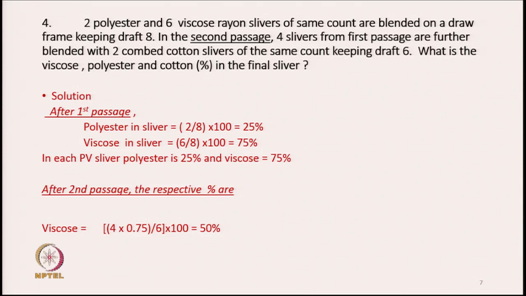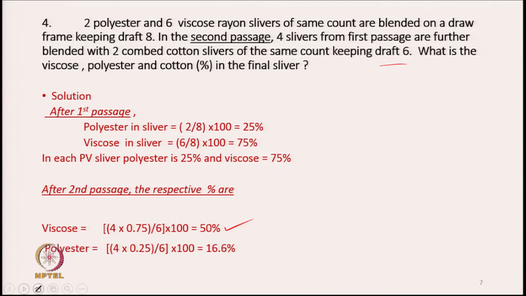You should remember that in the second passage we are feeding 4 and 2, total 6 slivers, and the draft we have not changed, draft is also 6. Therefore, viscose is going to be 4 into 0.75 divided by 6 into 100, that gives you a value 50%.